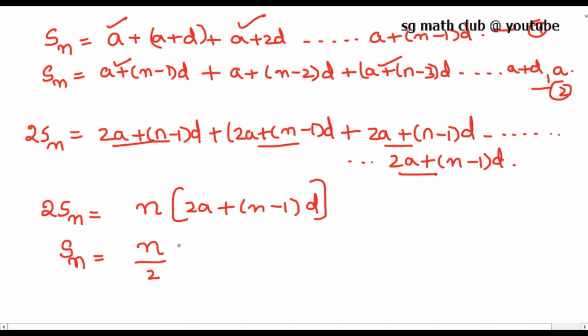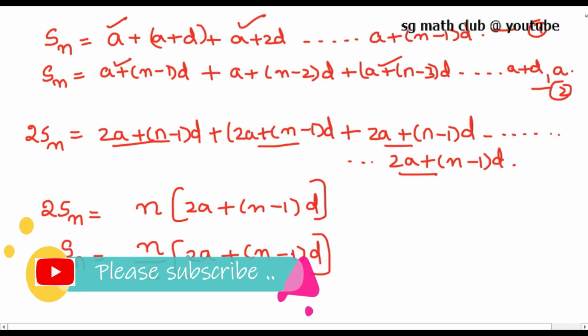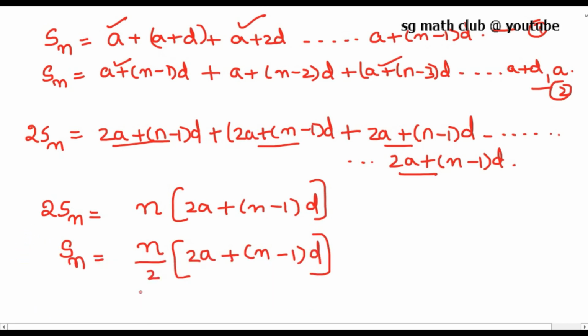It will be n by 2 into 2a plus n minus 1 into d, where a is the first term, n is the number of terms and d is the common difference. So this is the formula to find the sum of the first n terms of an AP: n by 2 into 2a plus n minus 1 into d. n is the number of terms, a is the first term and d is the common difference.